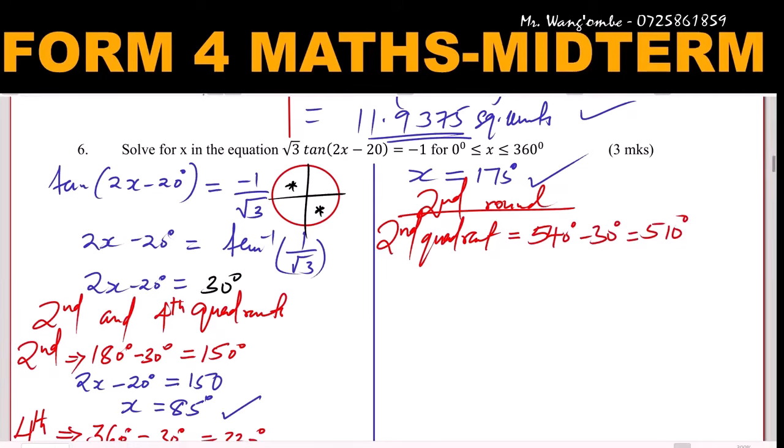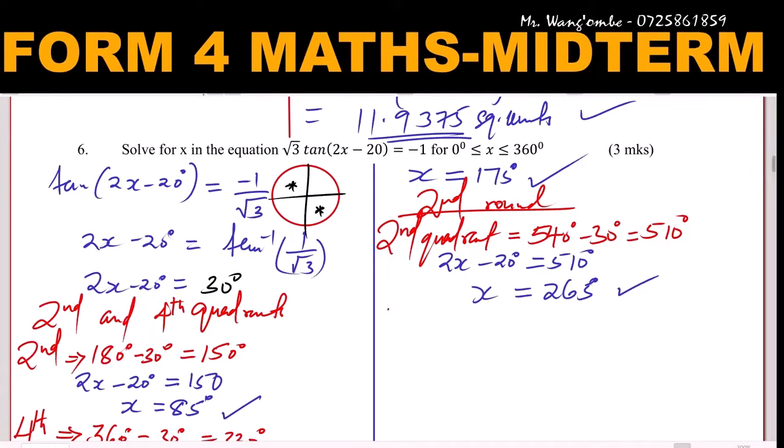So now we use the equation: 2x subtract 20 degrees equals 510. So here x will be 265. You can see it is still within the range, 265.